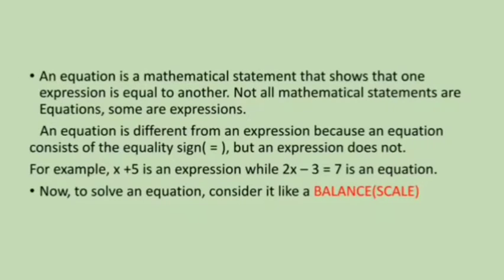For example, x plus 5 is an expression, while 2x minus 3 equal to 7 is an equation. You can see that there's an equal sign in the second example.